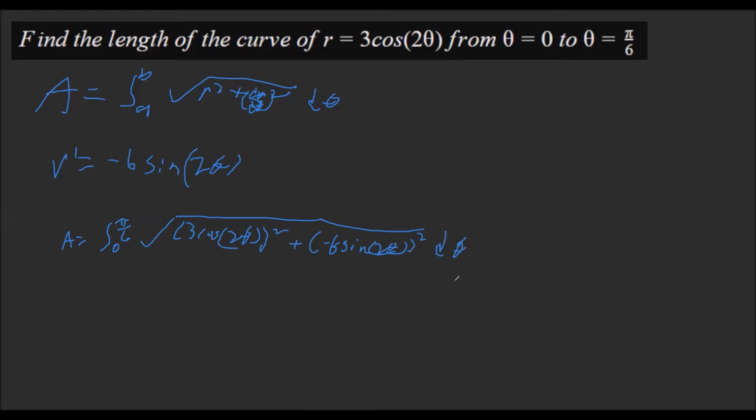Of course, we could technically do this by hand, I suppose, maybe. However, I don't really want to spend 30 minutes on this question. And so I just plugged this into my calculator, and I was able to find that it was equal to 2.115, and that is the value of the arc length.